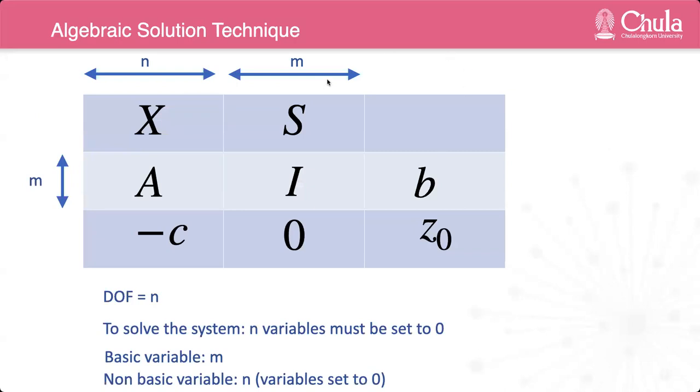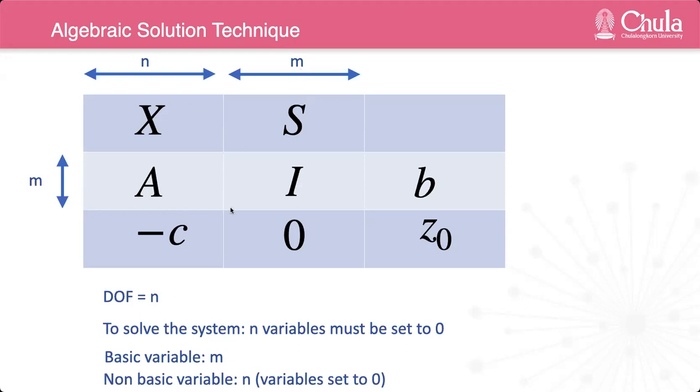Because we have m inequality constraints. Then, because one constraint needs one slack variable, if we have m constraints, we need m slack variables, okay?